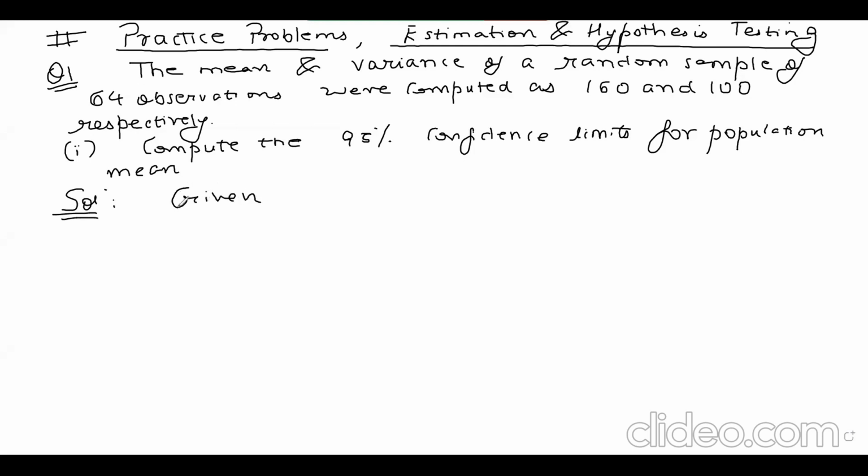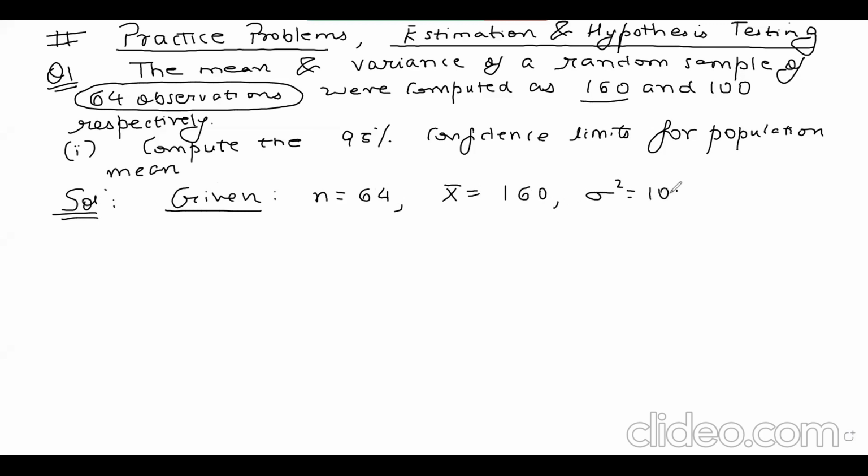We are given that there are 64 observations, so n is 64. We are given that the sample mean is 160. The sample variance is 100. So the sample standard deviation will be square root of 100, which is 10.